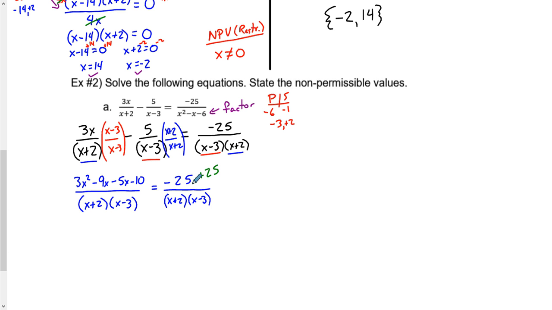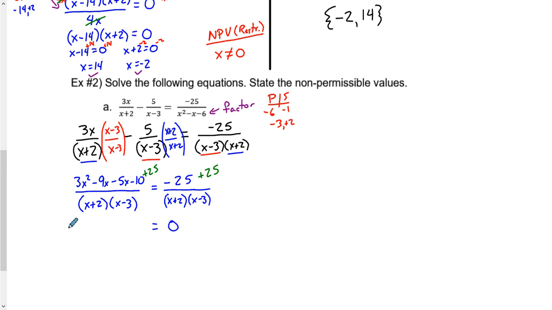So if you understand this, all you have to do is add the 25 here and add the 25 there. Because it's implied that as soon as our denominators are the same, all I have to do is work with the numerators. Well, a -25 add 25 is 0. And 0 over anything is 0.